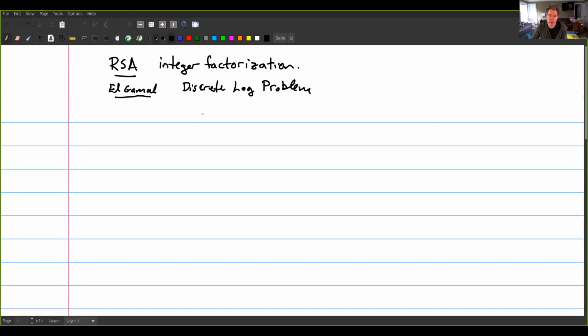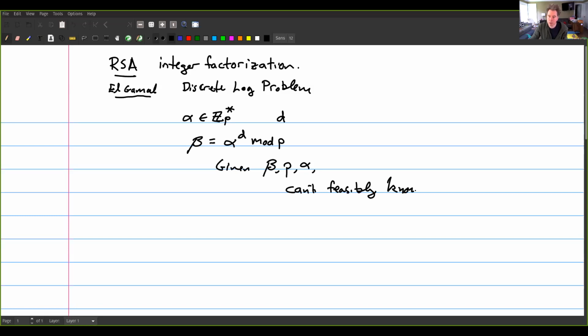So in ZP star, the way it worked for El-Gamal is you have some generator alpha of ZP star, and you have some secret D, which is just some integer, and then the public key is beta, which is alpha to the D mod P. The discrete logarithm problem says that given beta, P, and alpha, it's impossible to discover D. So you can't feasibly know D.